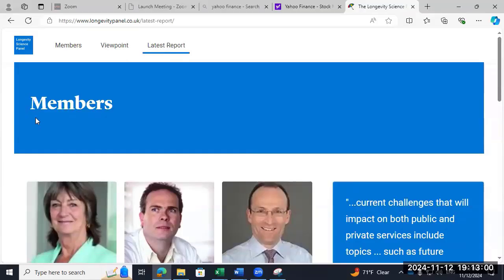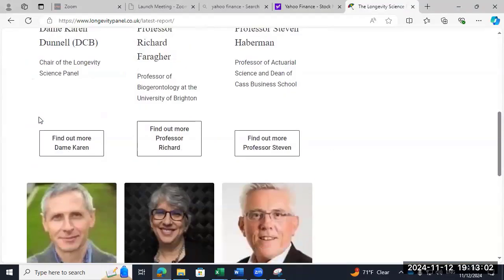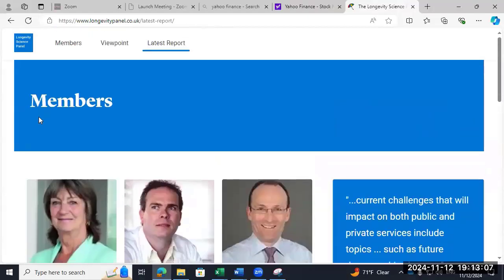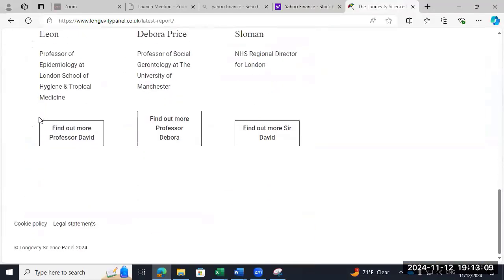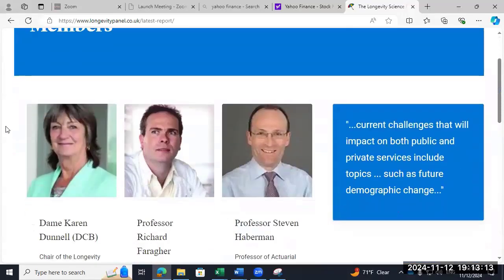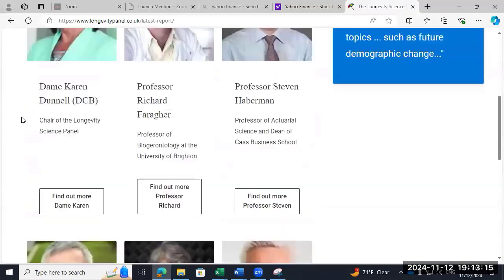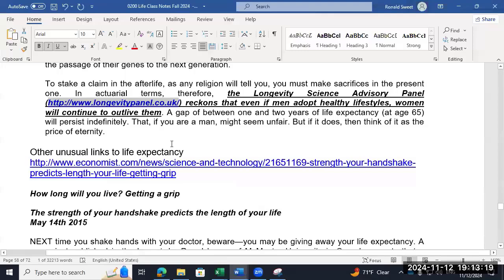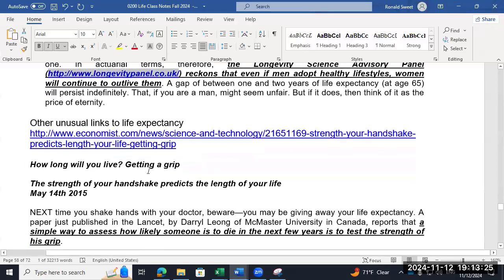And nothing. Yeah, this is probably one of these that hasn't been updated in 20 years. I wonder if any of them are still alive. That would be ironic if none of them are still living on a longevity panel. It reckons that even if men adopt healthy lifestyles, women continue to outlive them.